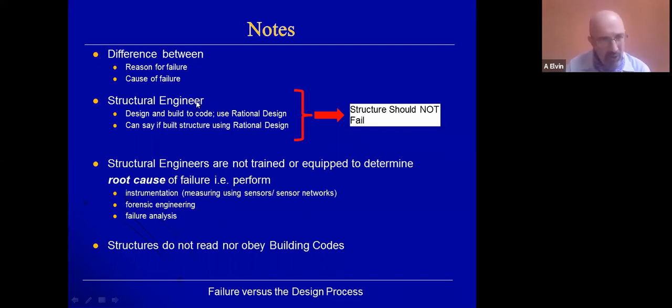Now, some structural engineers, a very small proportion, are trained in this direction, so of course they can. But in general, structural engineers design to code, and the structure should not fail. If the structure does fail, then the structural engineer is not equipped to go the other way. This way, yes, the other way, no. So let's explore this a little bit further.